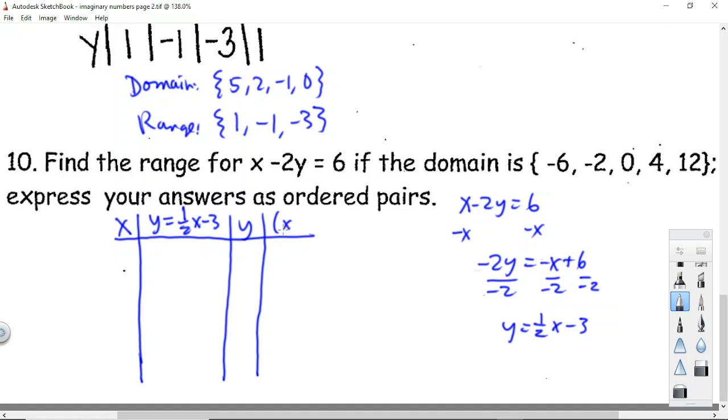And we have ordered pair over here. So now we got it. Negative 6, negative 2, 0, 4, and 12 are the values of x. The rule is going to look like 1/2 times x minus 3, and we'll plug in each time.